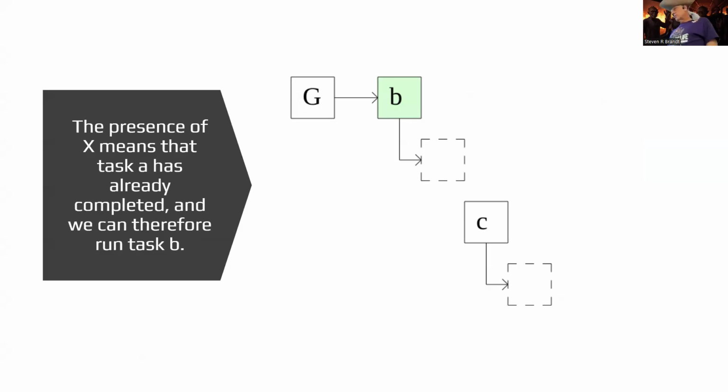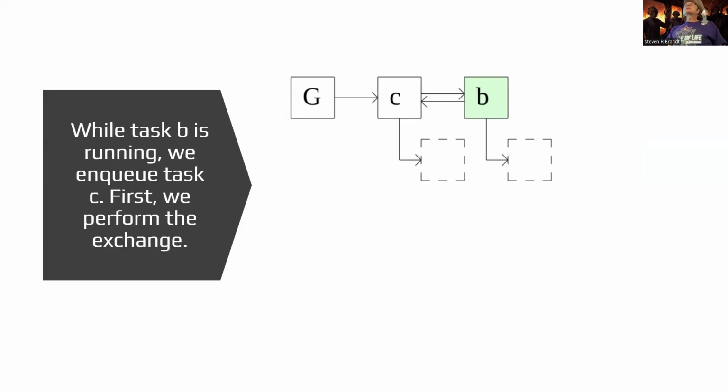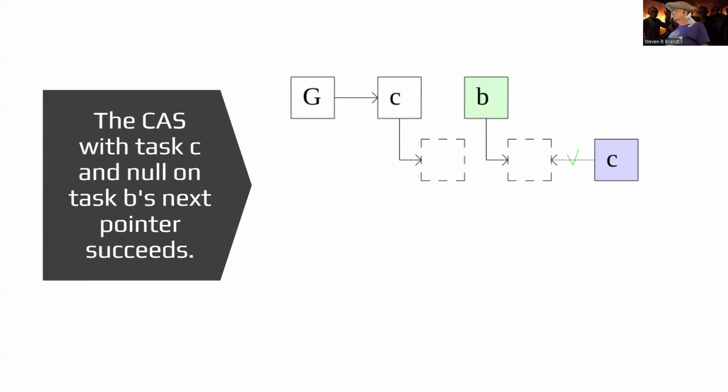Okay, now while B is running, just to cover all the cases, C does the same thing. It does the get-and-set, gets back B, and now it tries to put itself in the next field, because that's what it always does. This time it succeeds because there is nothing there.